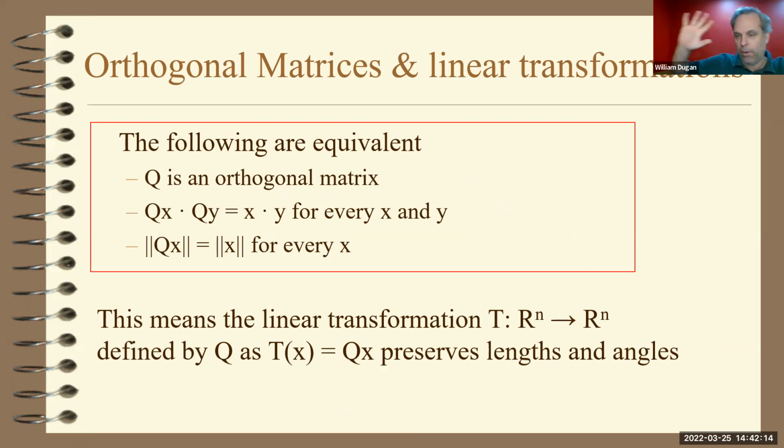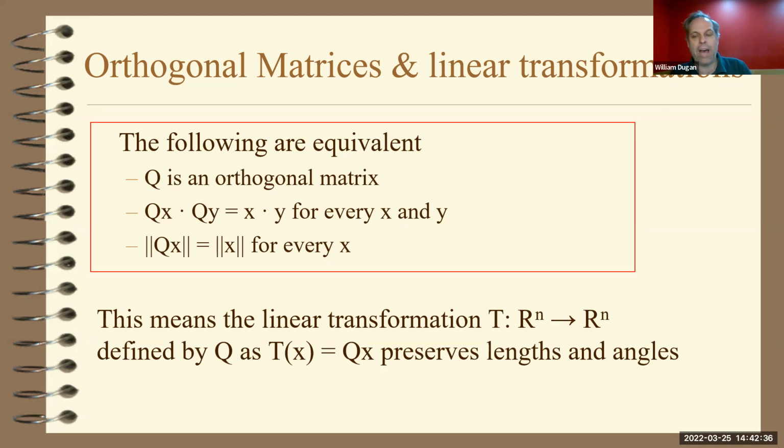Now, there are certain properties that orthogonal matrices have that are really interesting to know about if you think of it in terms of a linear transformation. So if you look at the linear transformation defined by this matrix, so the matrix Q is the standard matrix for this particular linear transformation, where Q is an orthogonal matrix.